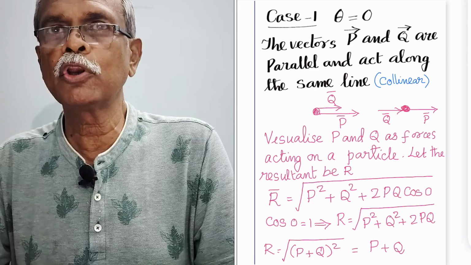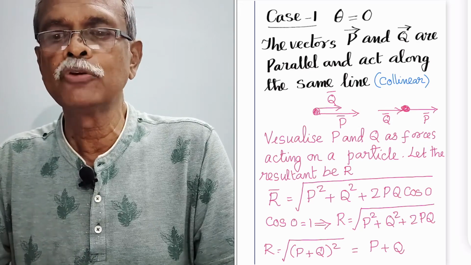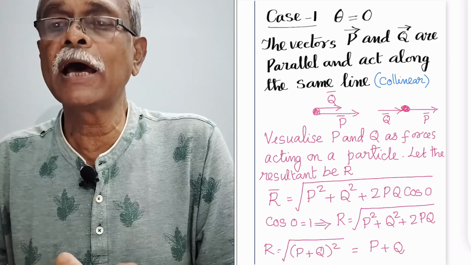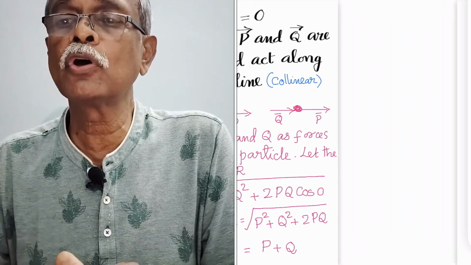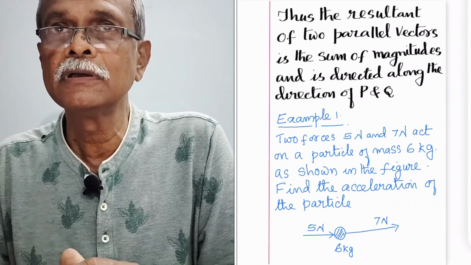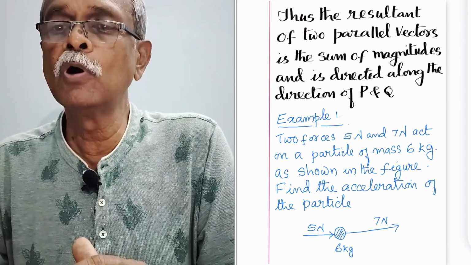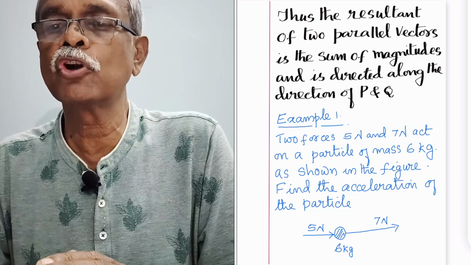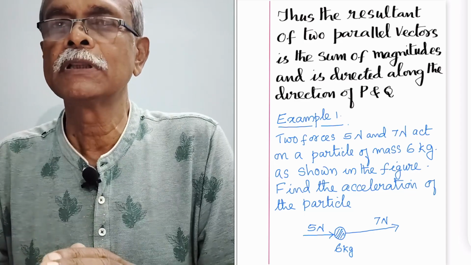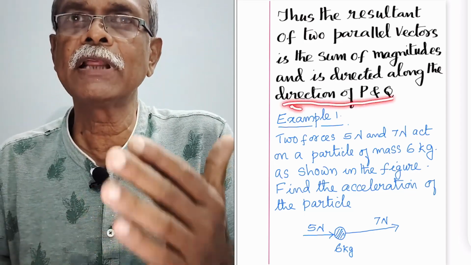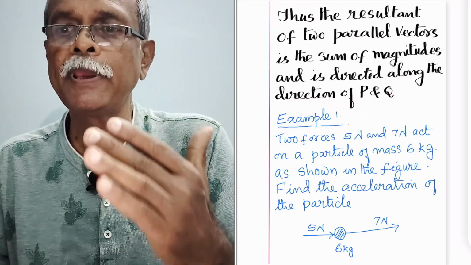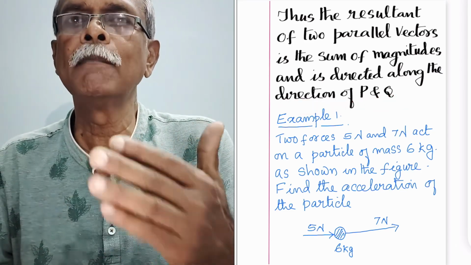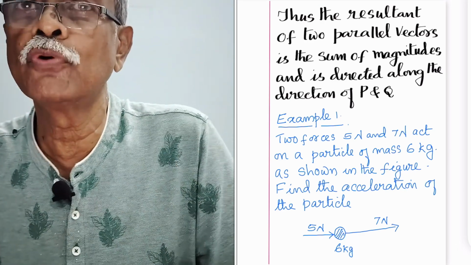Therefore, R is equal to the square root of P plus Q whole square, which is equal to P plus Q. This shows that the resultant of two parallel vectors is the sum of magnitudes and is directed along the direction of P and Q. That is, the resultant has the same direction as P and Q, and its magnitude is the sum of the magnitudes of the two forces.